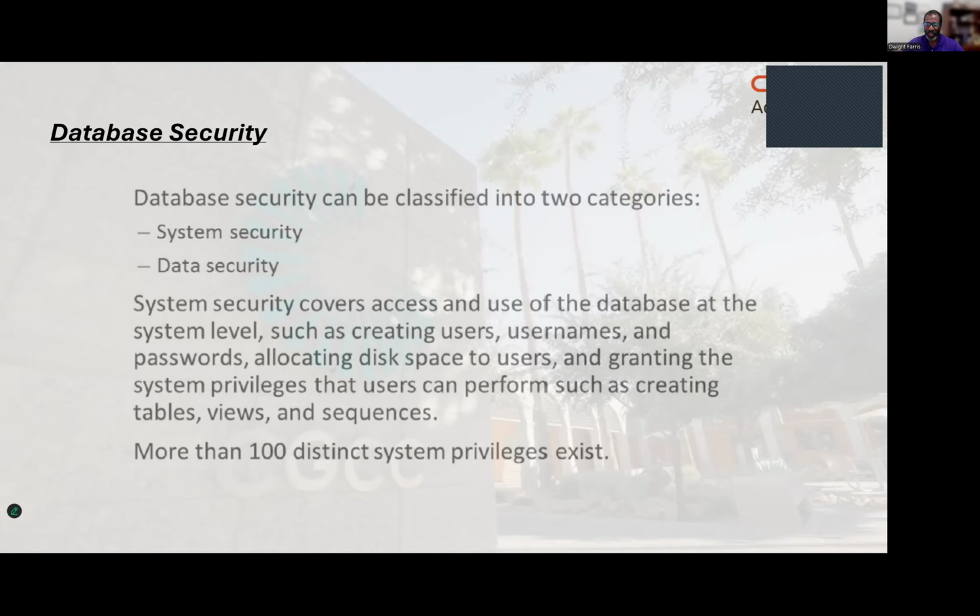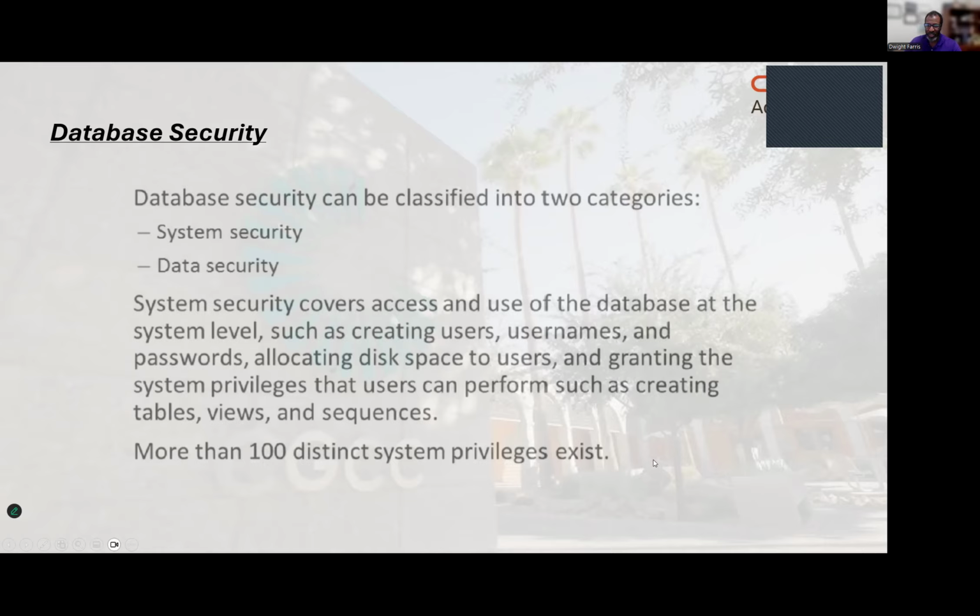Things like allocating disk space and granting system level privileges. And this is usually a system admin. This is actually usually a person that's even above, in some regards, depending on the size of your company, above the database administrator. There are more than 100 distinct system privileges.